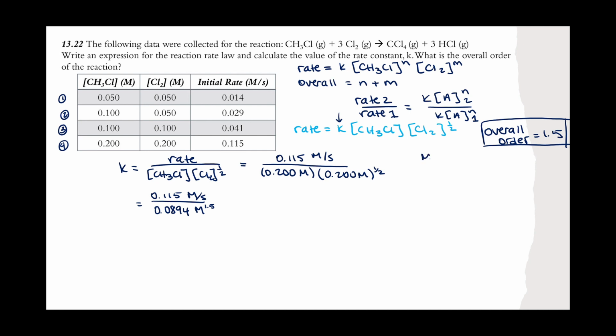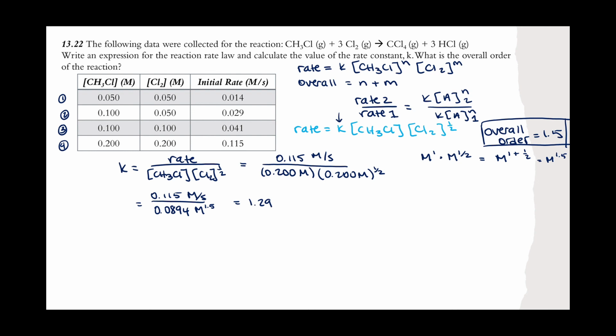Remember, when we multiply exponents together, we end up just adding them. Okay, and now if I go ahead and do that division, we get 1.29.